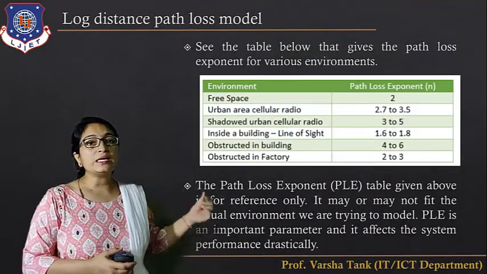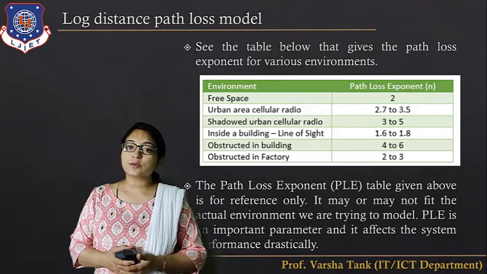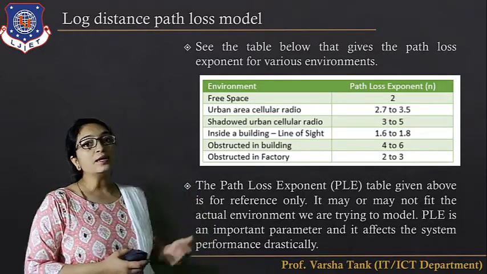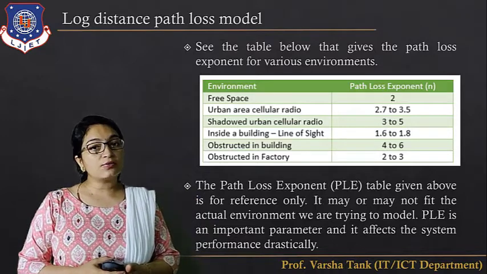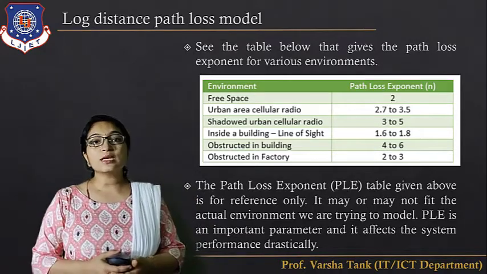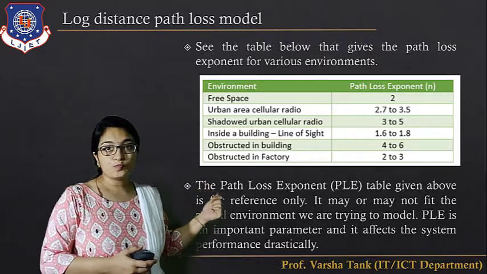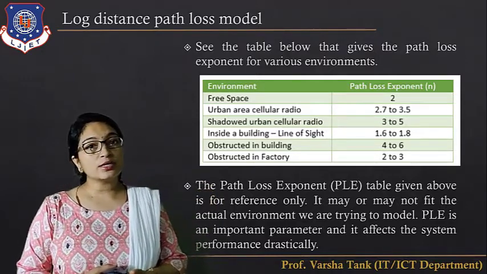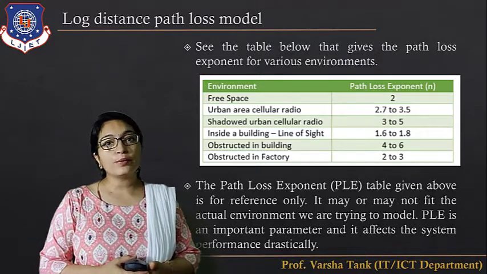Now you can see in this table the different path loss exponents given for various environments. If the environment is free space, then the path loss exponent is 2. If it is an urban area cellular radio, then the path loss exponent is 2.7 to 3.5.